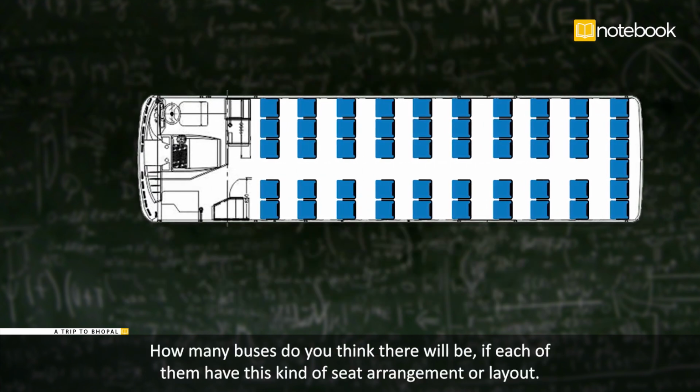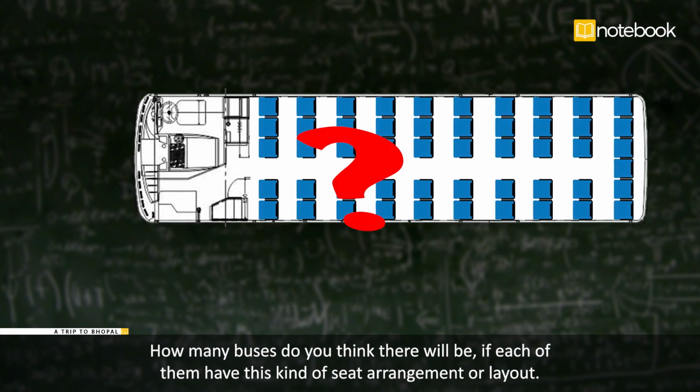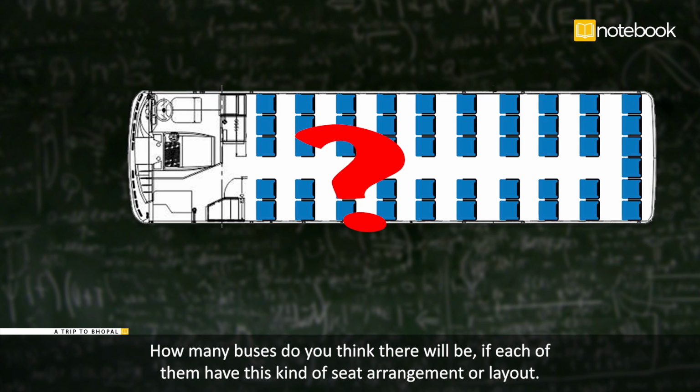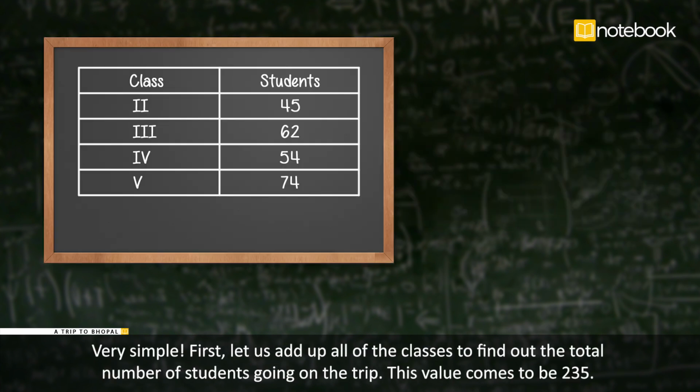How many buses do you think there will be if each of them have this kind of seat arrangement or layout? Very simple. First, let us add up all of the classes to find out the total number of students going on the trip. This value comes to be 235.